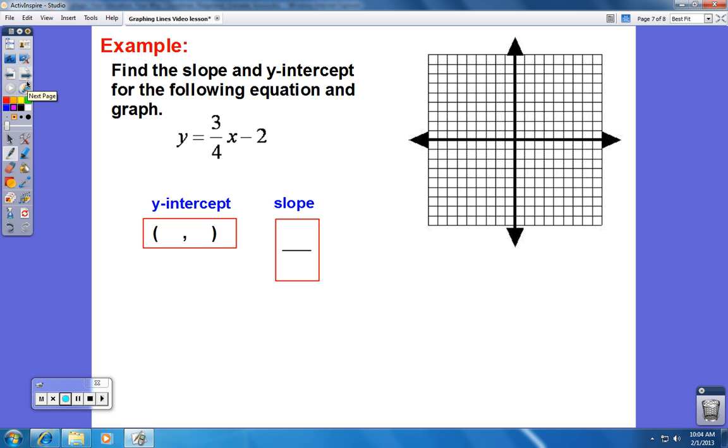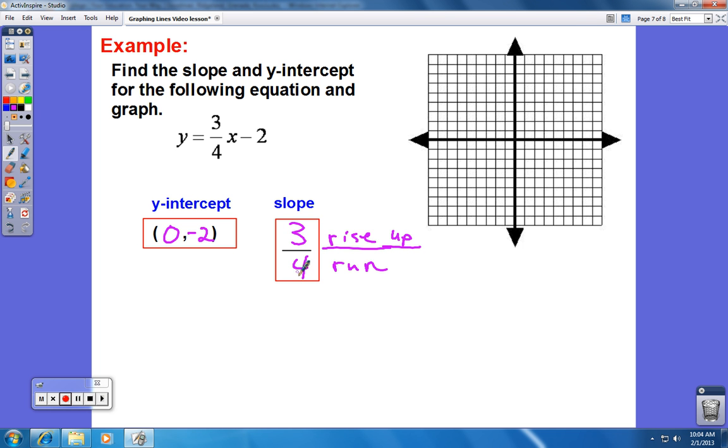So this example is in slope-intercept form. Here we have negative 2, that is going to be our intercept. That's the point (0, -2). Here our slope is 3 over 4, that's the m. Remember that this refers to rise over run. Because 3 is positive, we're going to rise up.